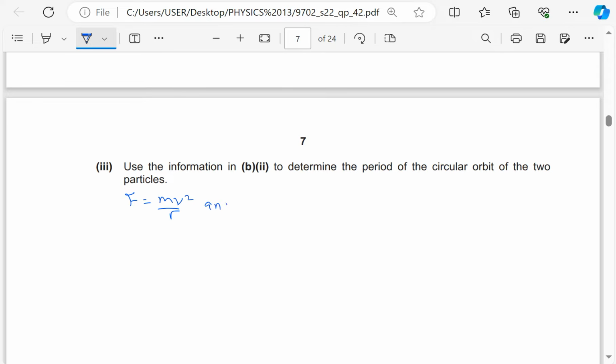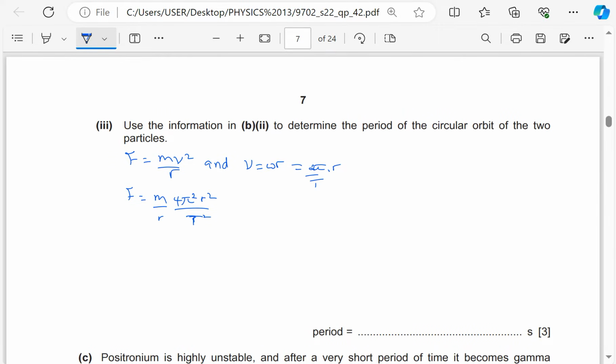And of course, v is omega times r, where omega is 2 pi divided by T. So I will multiply this by r. I have remembered to square it. So F is equal to m, where there is v squared, I will put 4 pi squared r squared over T squared. So I want to find the period, which is capital T.